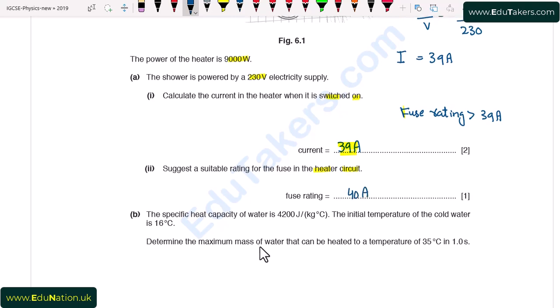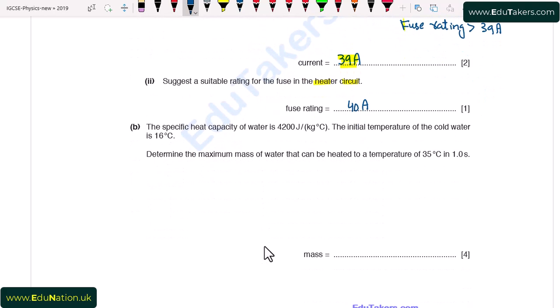Part B. The specific heat capacity of water is 4200 joule per kg per degree C. The initial temperature of the cooled water is 16 degrees C. Determine the maximum mass of water that can be heated to a temperature 35 degrees C in 1 second. So here we have to find the mass of water, and specific heat capacity is given.